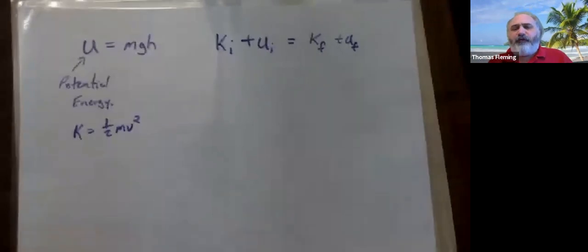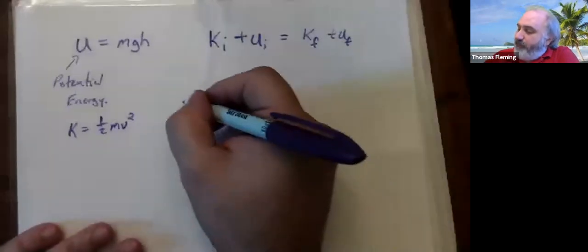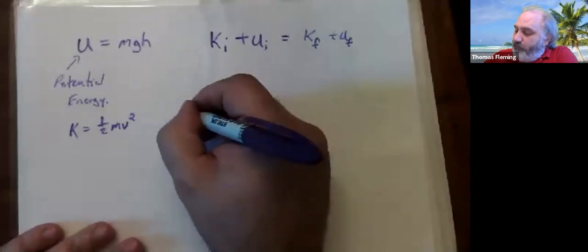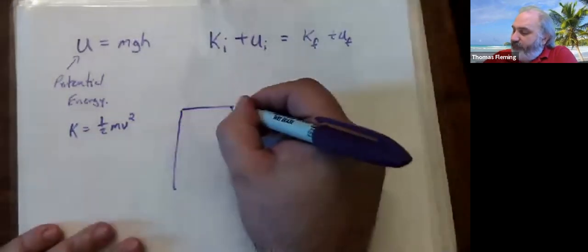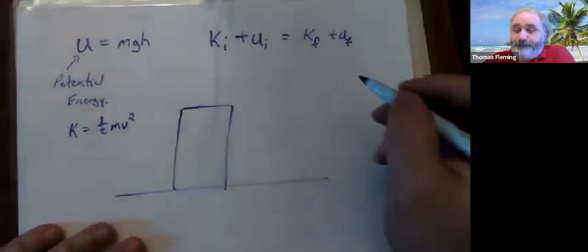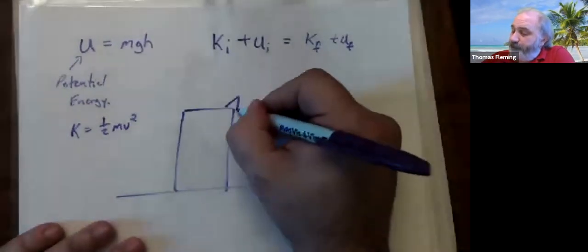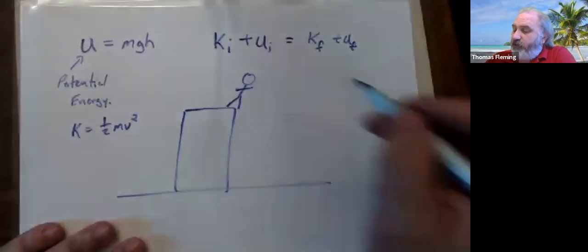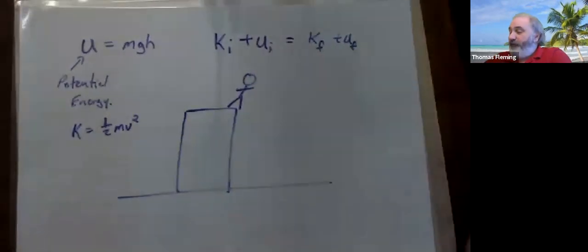Let's try another example. And as you've probably noticed by now, I'm a gigantic comic book nerd. So let's do an example of the world's greatest superhero, who, as we all know, is Spider-Man. Spider-Man is going to start off at the top of a building.